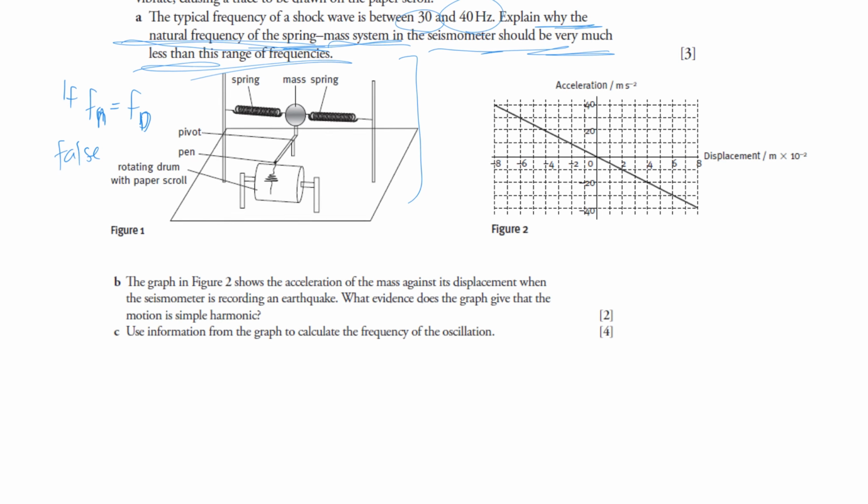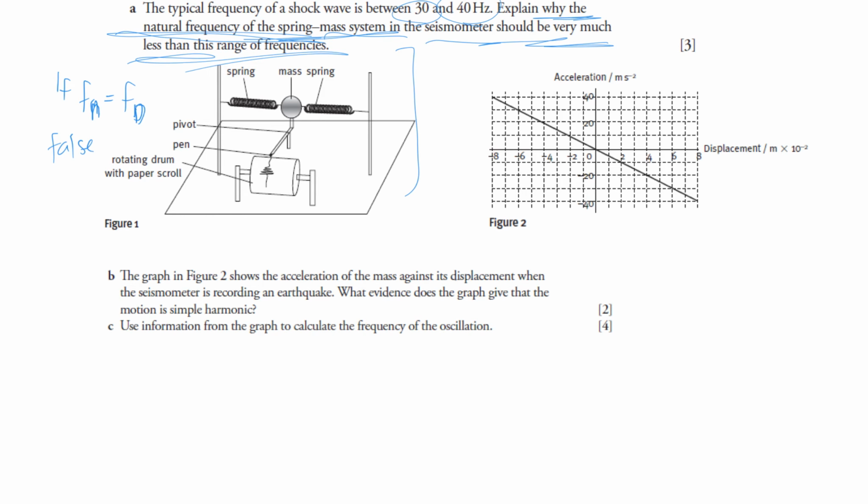Let's go to B. The graph in figure number 2 shows the acceleration of the mass against its displacement when the seismometer is recording an earthquake. What evidence does the graph give that the motion is simple harmonic? Here we can see that the acceleration is directly proportional to displacement.